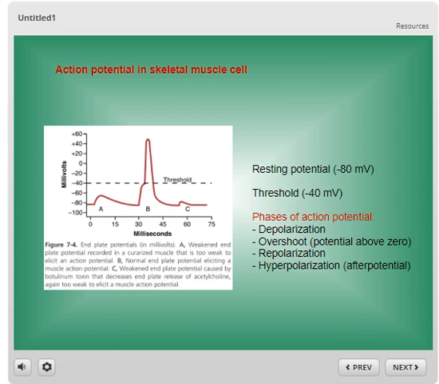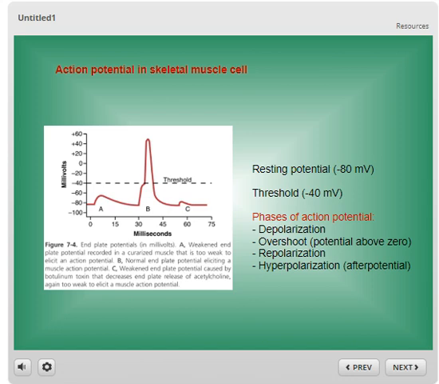Sometimes we have one phase that is named overshoot. The potential exceeds zero, okay? After the stimulation, when the potential exceeds zero, often reaching around plus 30 millivolts, this phase is named the overshoot.